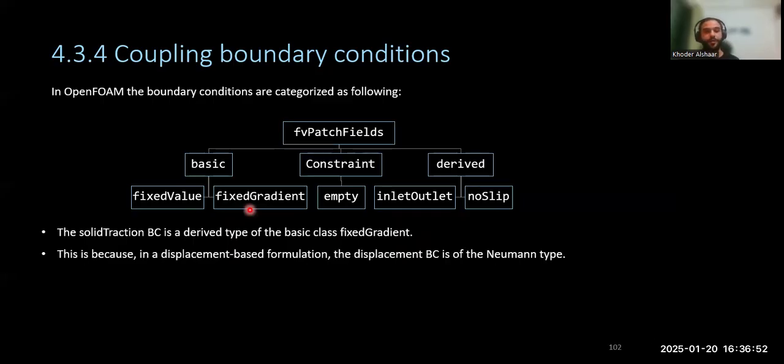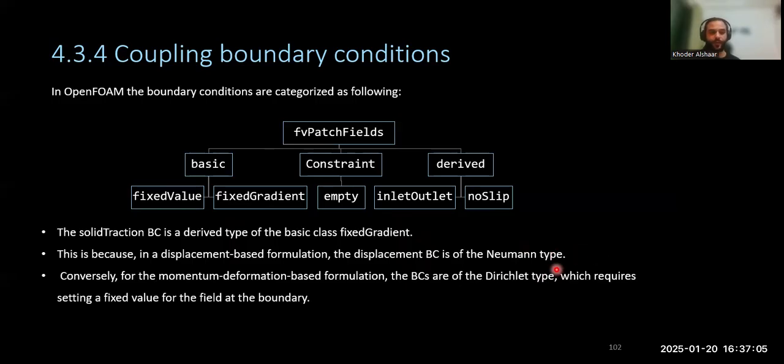Why? Because the displacement-based formulation implemented in solids4foam is a Neumann type boundary condition, whereas in our case, the new momentum deformation-based formulation has a Dirichlet type, and the Dirichlet type basically requires a fixed value boundary condition derived from the basic class.